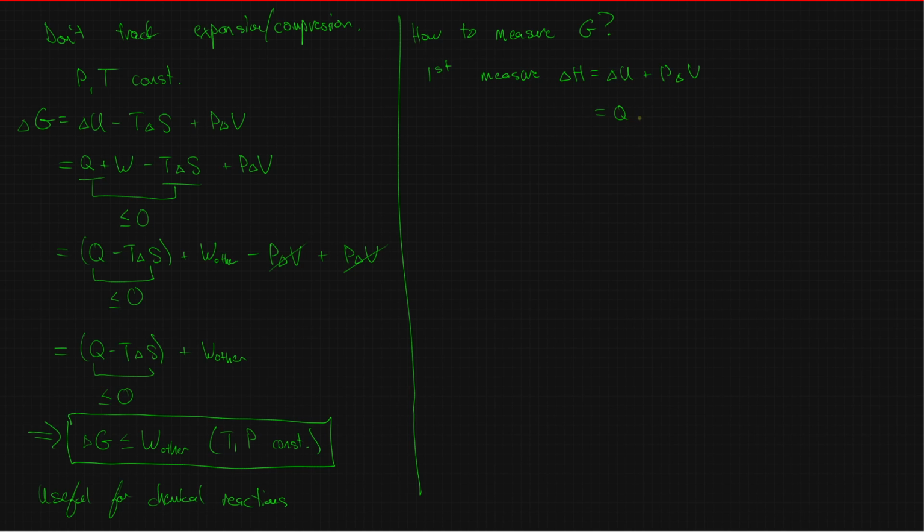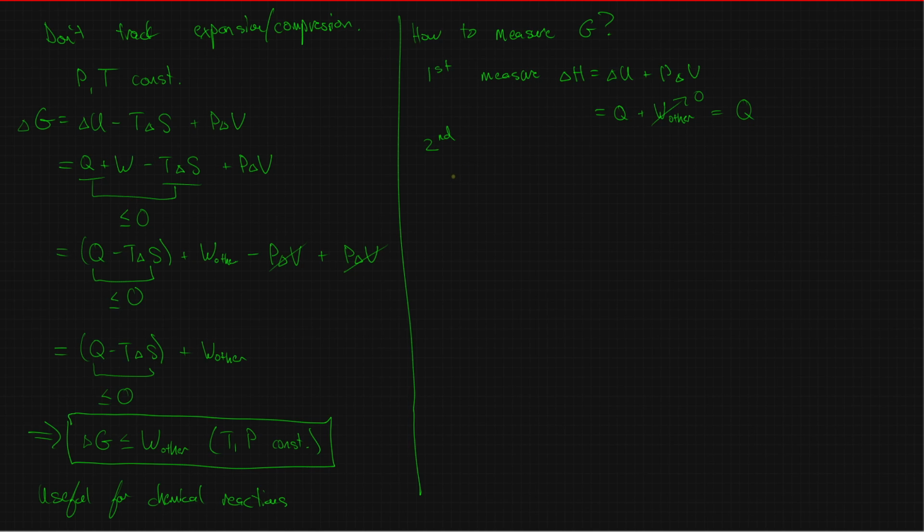So this will just become the heat added plus other work done. So what you could do is you could allow some kind of process to happen, don't do any other work on the system, so that's 0. And then you can find what delta H is by just tracking how much heat you have to add. Okay, so that could get you delta H.